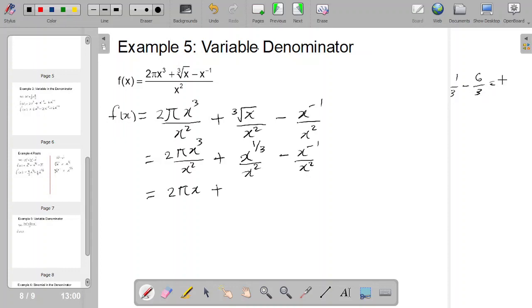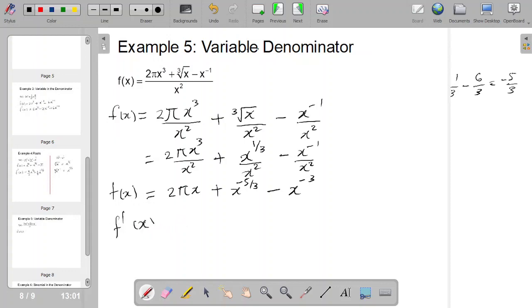So this becomes minus 5 over 3. You can also just do that with your calculator. So you'll have x to the power minus 5 over 3, minus, here you have x to the minus 1 minus 2, so that will be x to the power minus 3. And now you are ready to find your derivative.